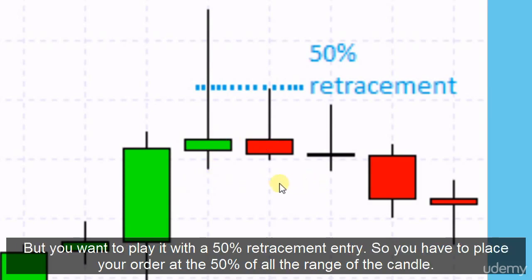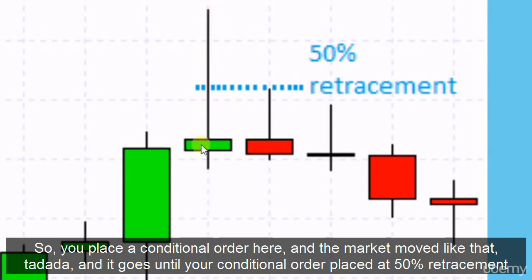Okay, but you want to play it with a 50% retracement entry. So you have to place the order at the 50% of all the range of the candle. So you place a conditional order here, okay? And the market moved like that, and it goes until your conditional order placed at 50% retracement, okay?